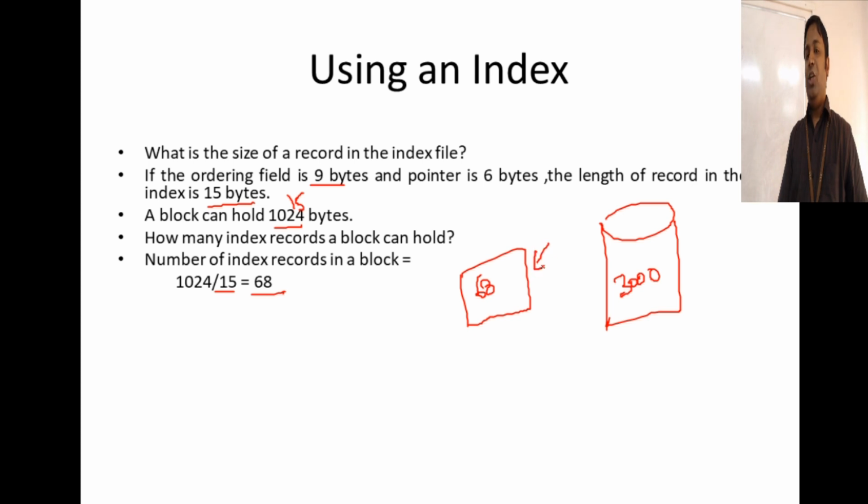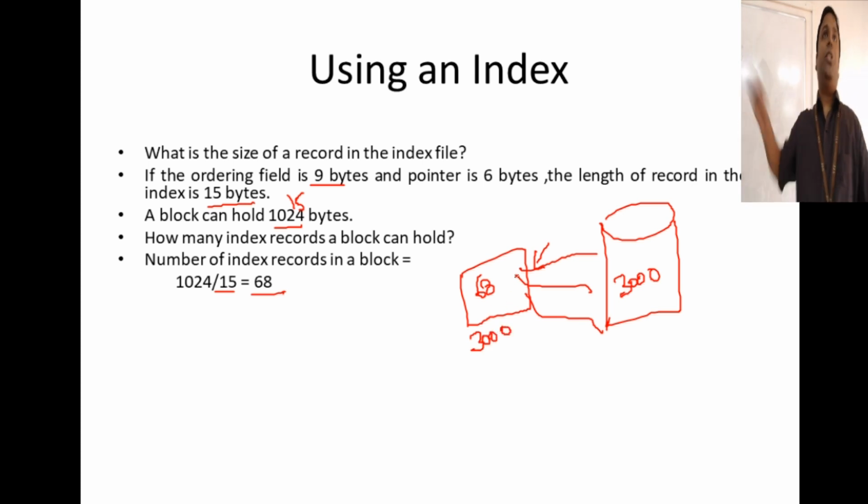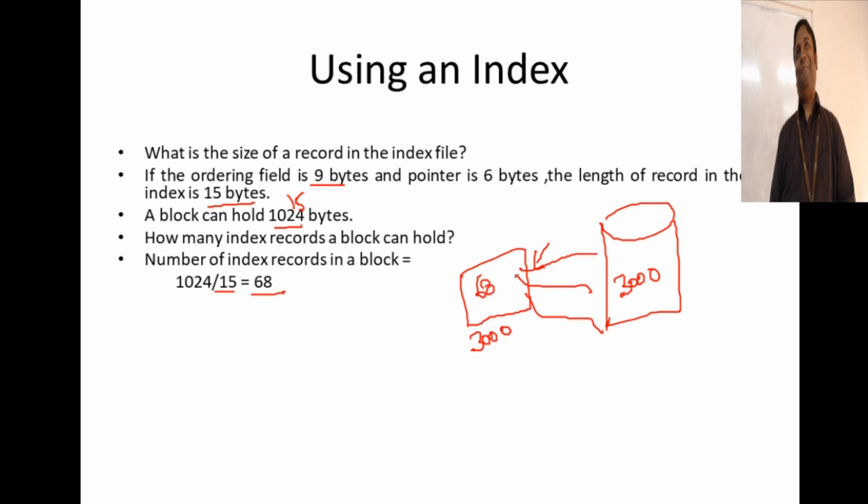But how many index entries should be there in your primary index? There should be a pointer to every block in your data file. So there should be 3000 entries. To hold 3000 index entries, how many blocks do you need?